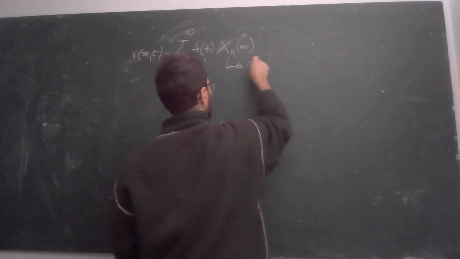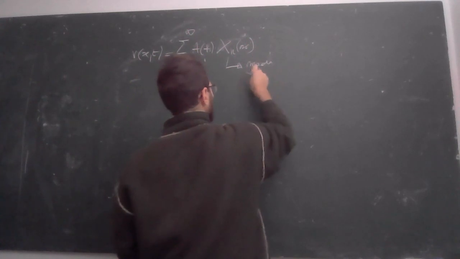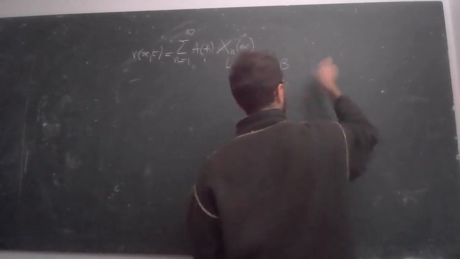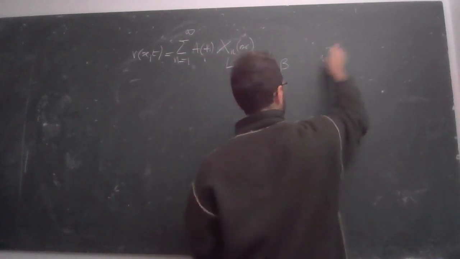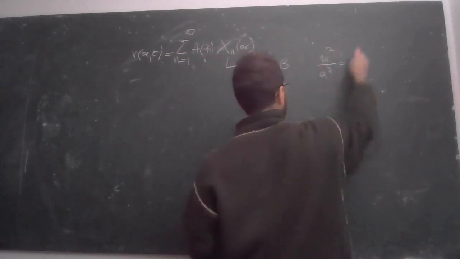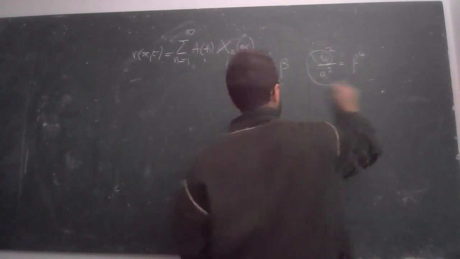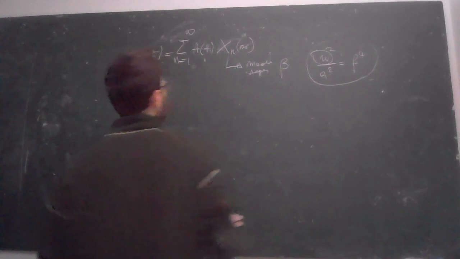These are the mode shapes, which depend on the betas, and we know that omega squared divided by a squared is equal to beta to the fourth, and we can derive the natural frequencies from this expression.